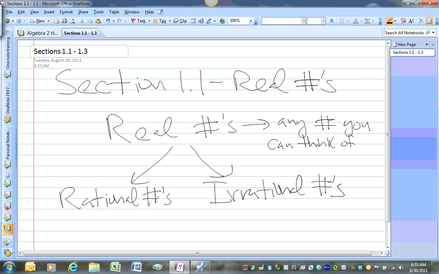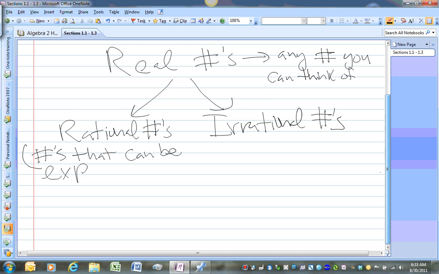Rational numbers are numbers that can be expressed as a ratio of two integers.